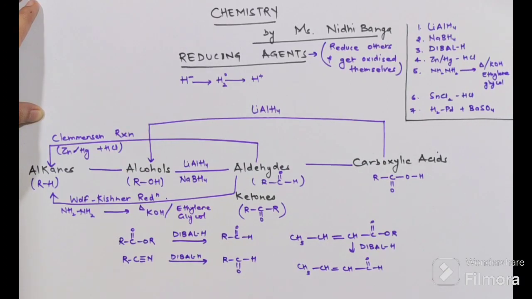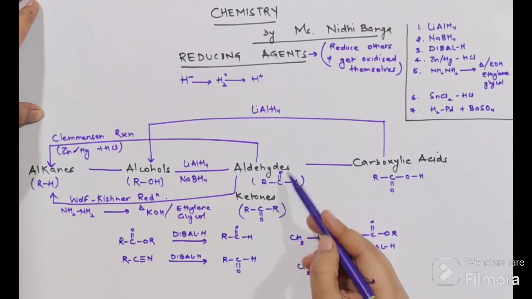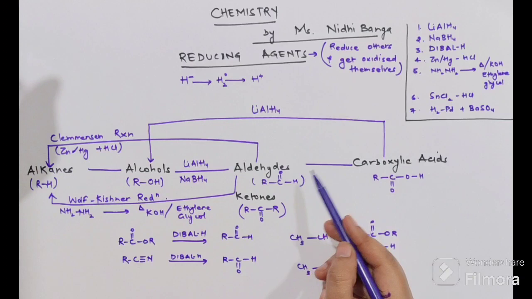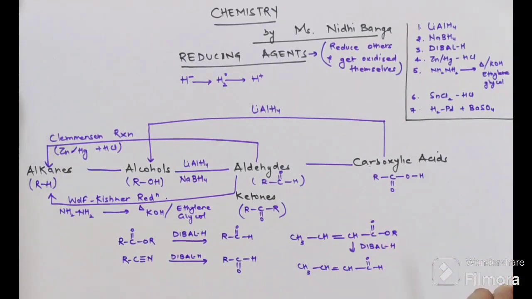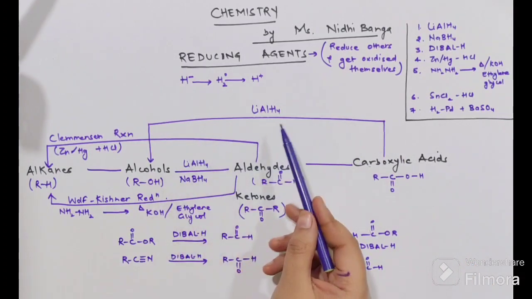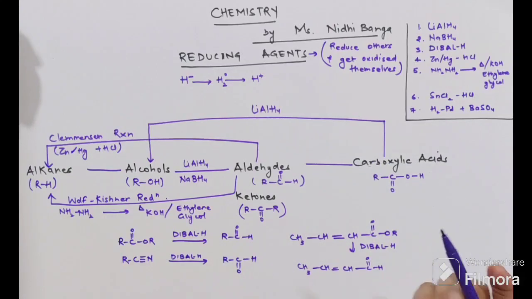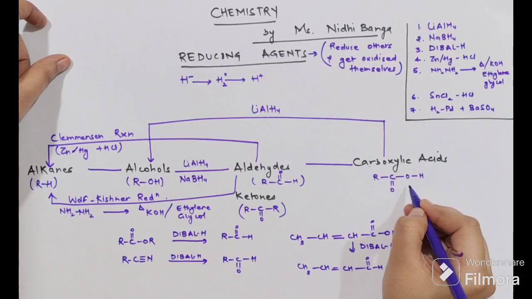Now, if you want to convert carboxylic acid to aldehydes and ketones, this step we haven't done so far because there is no single reagent which can carry out the reduction. It can be done in two ways. Either you convert carboxylic acid to alcohols by means of lithium aluminum hydride and then oxidize it, or you can also use this step.